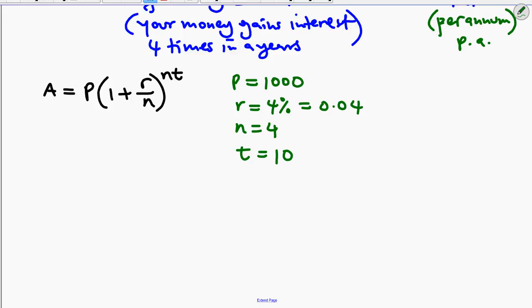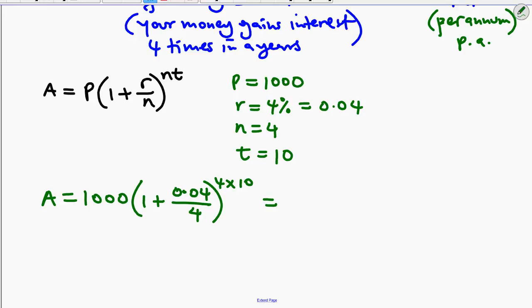So what we'll end up with is A is equal to 1,000, bracket 1 plus our rate, 0.04, divided by 4, to the power 4 multiplied by 10.